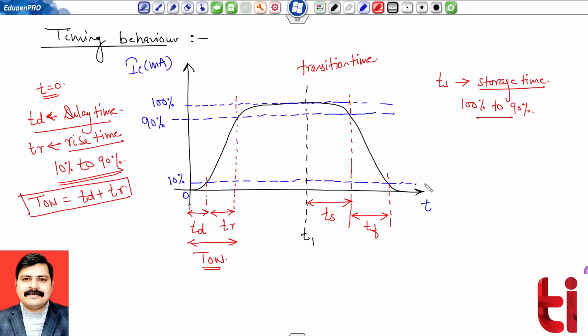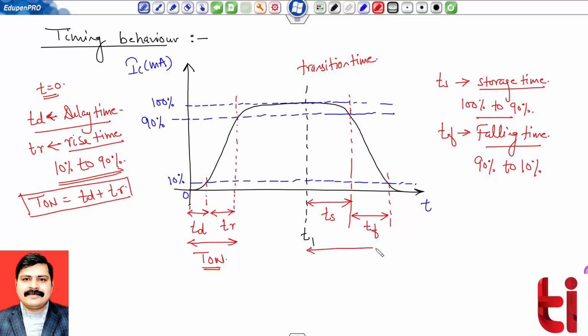It is the amount of time taken by the transistor from the 90% level to the 10% level of its maximum value.